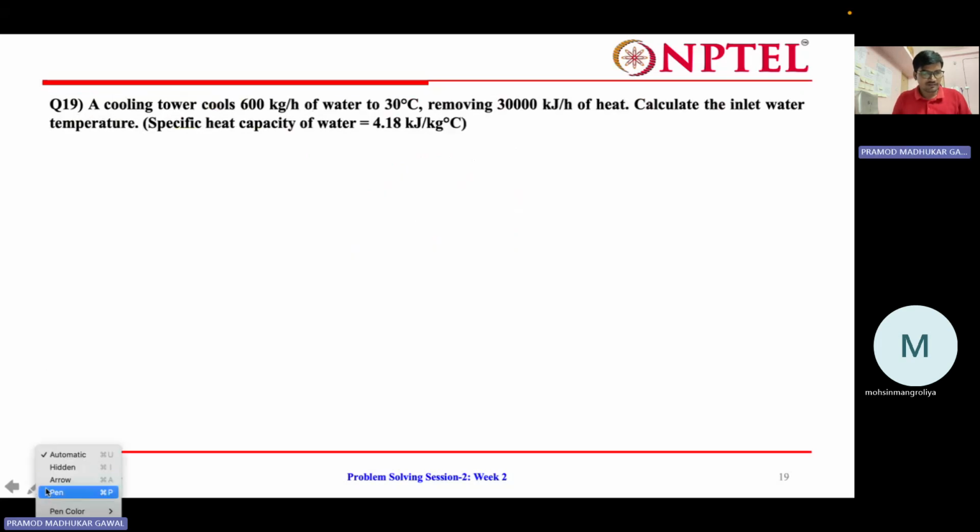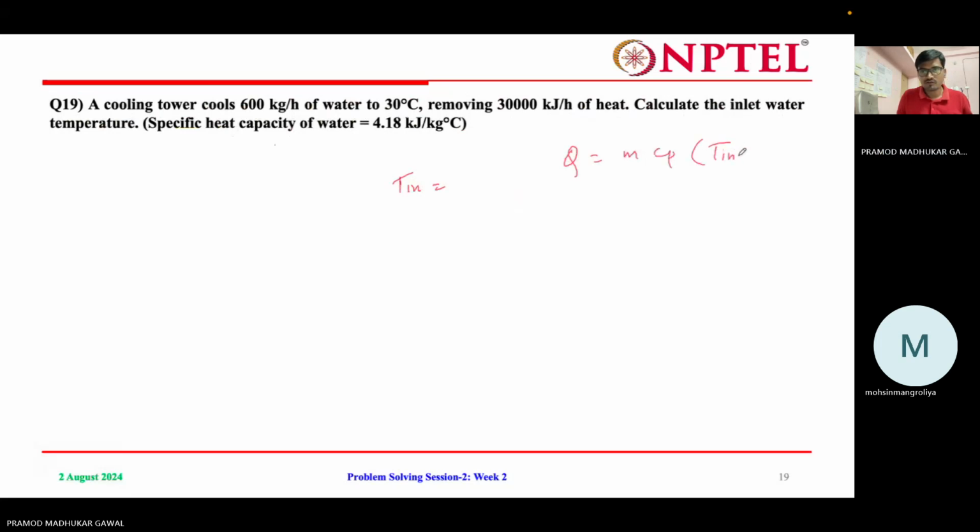Similarly, question number 90. The cooling tower cools 600 kg per hour of water to 30 degrees Celsius, removing 30,000 kilojoule per hour of heat. Calculate the inlet water temperature; the specific heat capacity of water is given. Same concept. So here you have to calculate the inlet temperature. T outlet is given as 30 degrees Celsius.